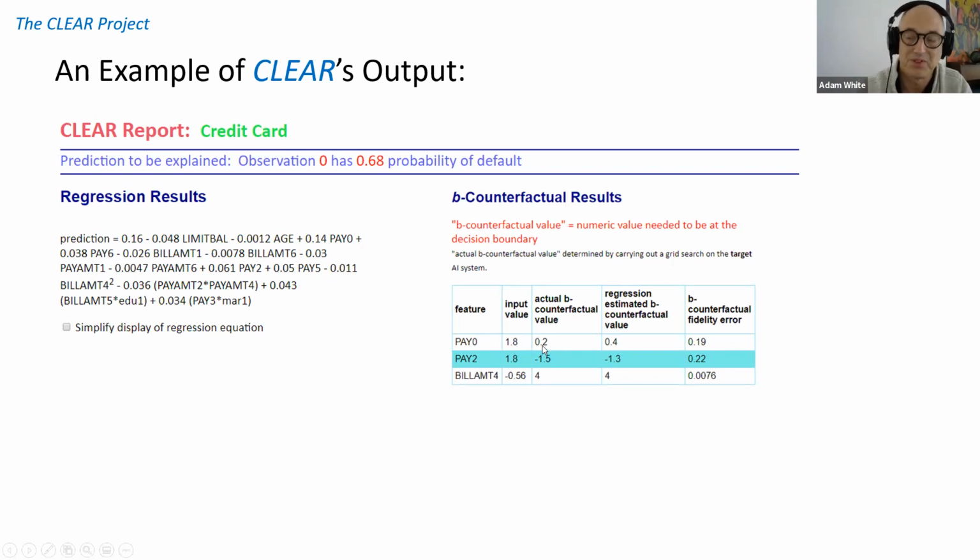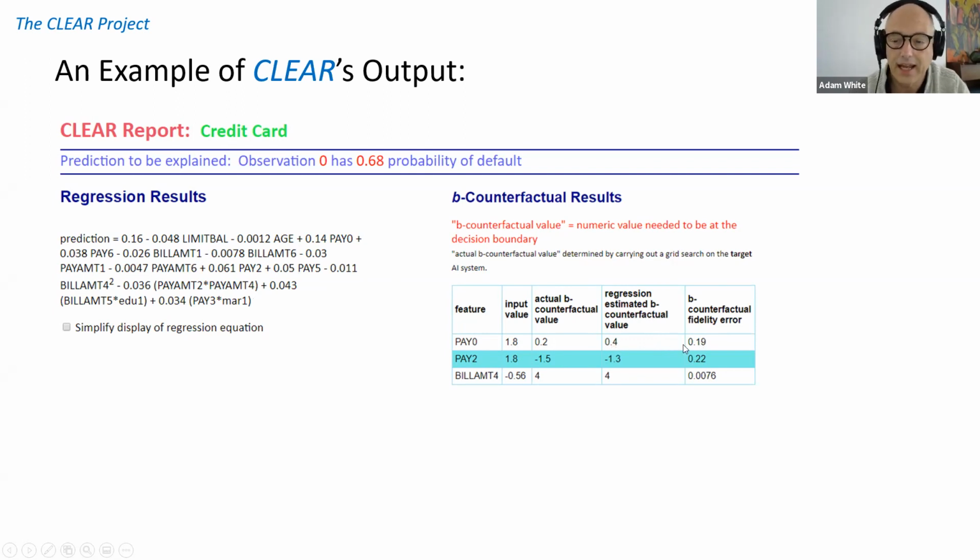So we're actually putting the values into the AI system, the input data, and we're able to find the exact value necessary to flip the classification. The regression equation here estimated that the 1.8 needed to be changed to 0.4.